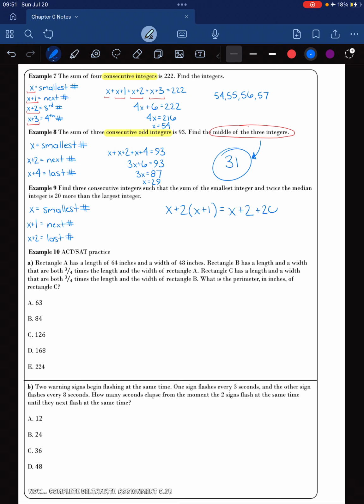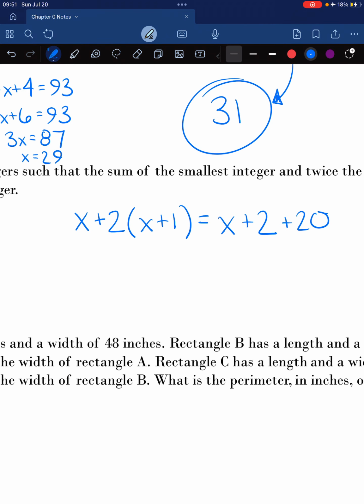So I'm going to take the largest and add 20. Alrighty, let's see what we end up with. Distribute, combine like terms.